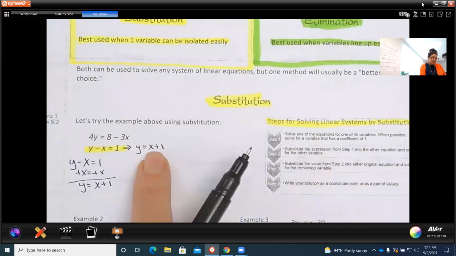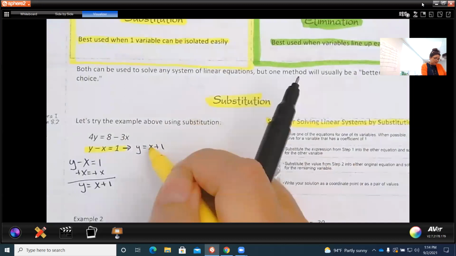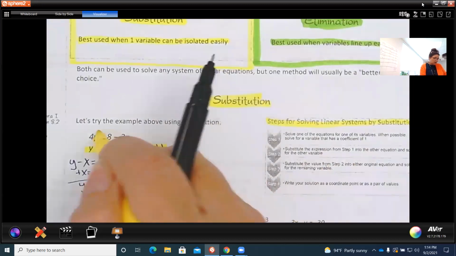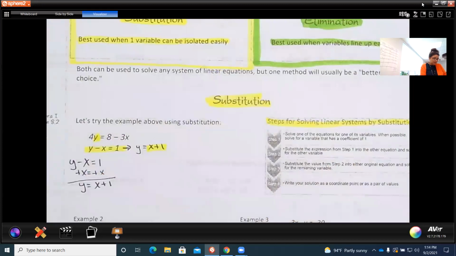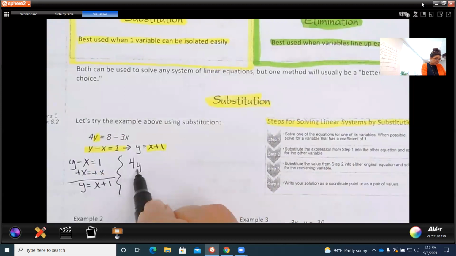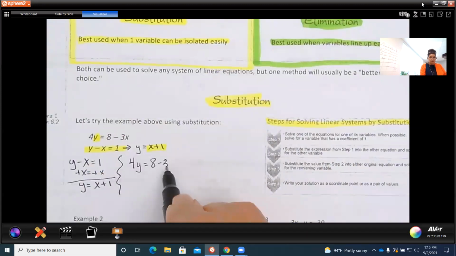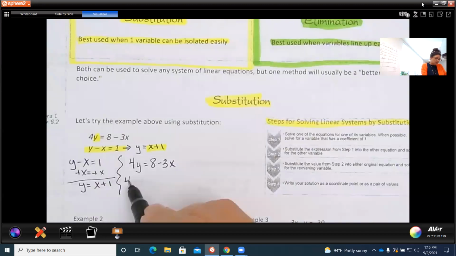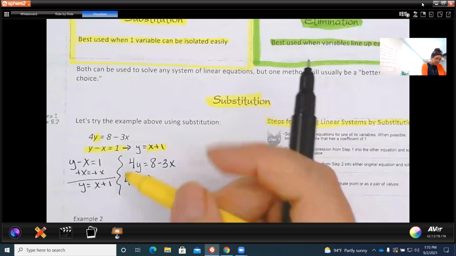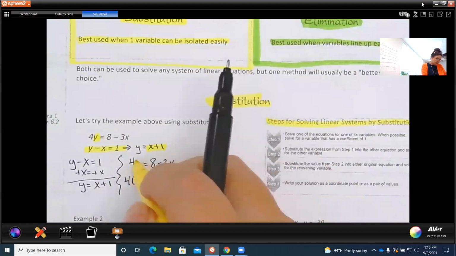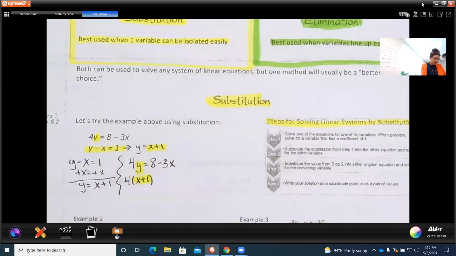So if I know that y is equal to x plus 1, and the other equation, wherever I see a y, guess what I'm going to plug in? X plus 1. Don't plug it into the same equation. So instead of 4 times y, I'm going to do 4 open parentheses x plus 1. So I'm replacing y with what it's equal to, substitution, equals 8 minus 3x.